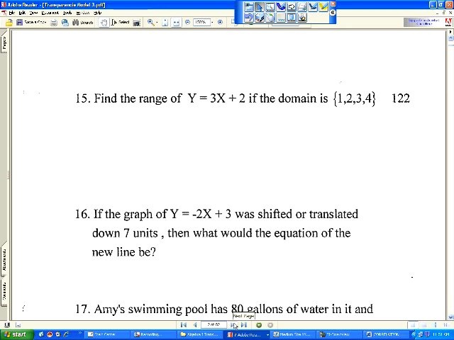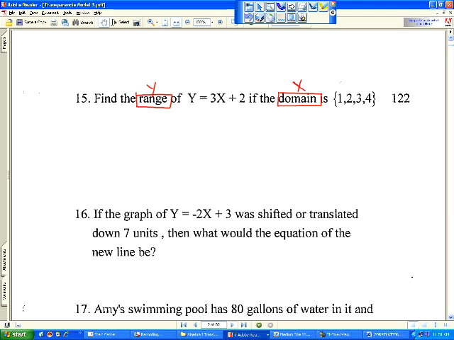Page 122. Find the range of y equals 3x plus 2 if the domain is 1, 2, 3, 4. The range is the set of y values. The domain is the set of x values.